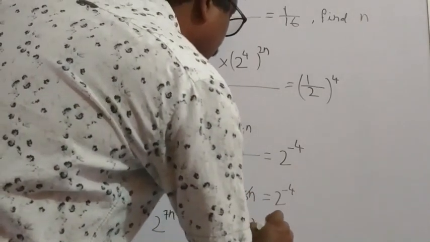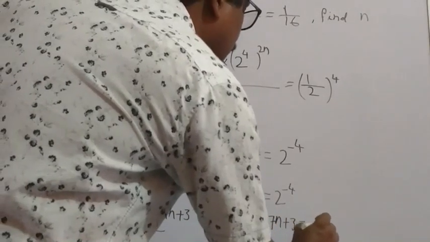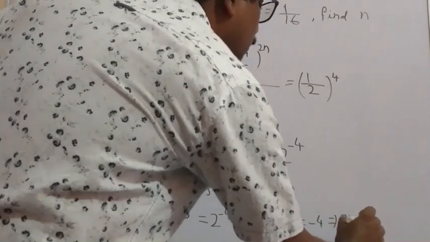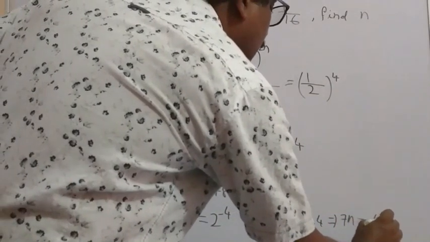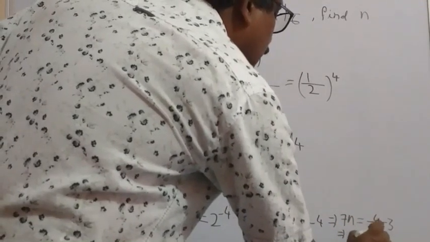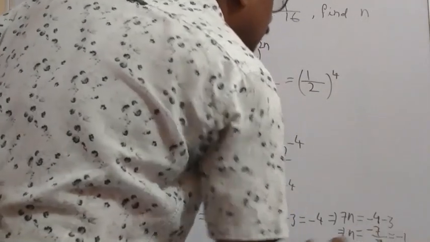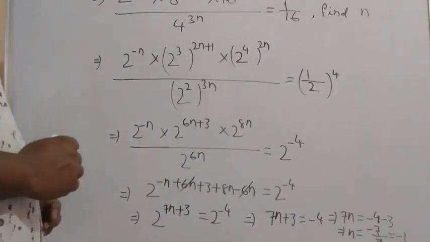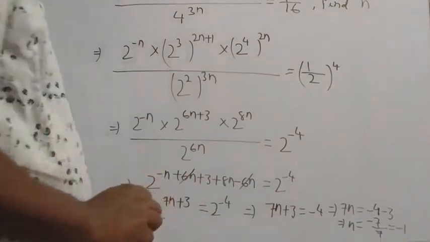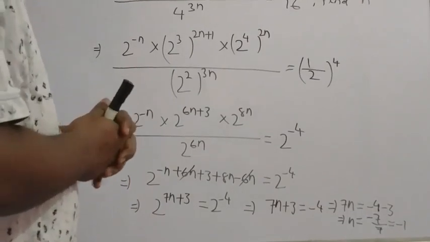So 7n plus 3 is equal to minus 4, implies 7n is equal to minus 4 minus 3, implies n is equal to minus 7 by 7 is equal to minus 1. Answer. Understood? Little space is not there. You understand? Write it. n is equal to minus 7 by 7 is equal to minus 1.